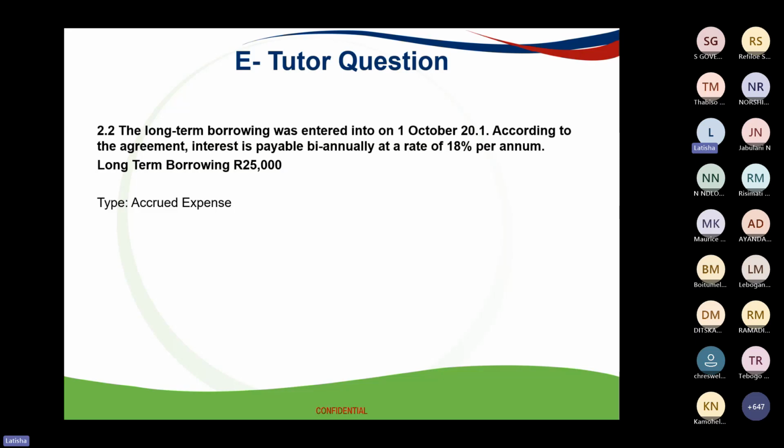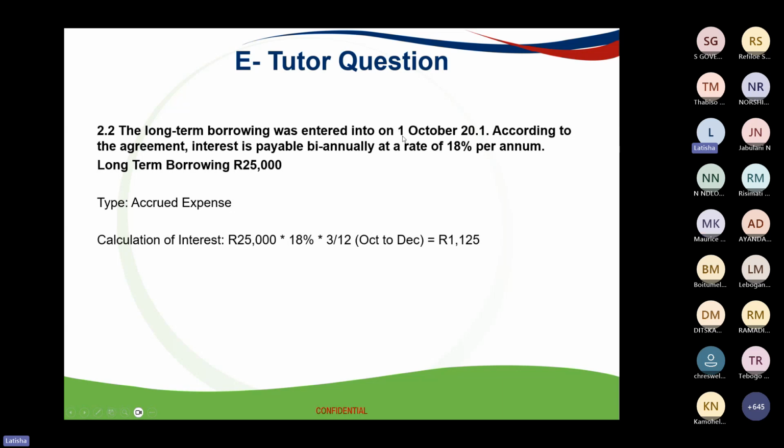The next thing would be, how do we do this? They're telling us here that interest is payable at a rate of 18% per annum, and we know that the long-term borrowing is 25,000. So the calculation would be 25,000, which is the loan amount, multiplied by the 18%, which is the rate of the loan.